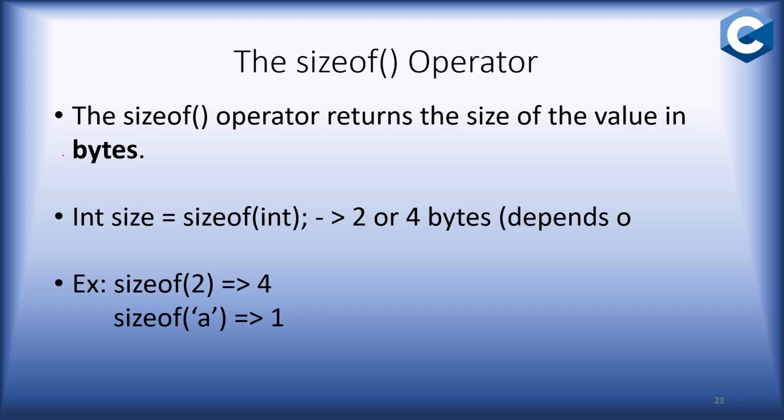When we run this code, size will store the number of bytes an integer variable typically occupies on our system. This value might be 2 or 4 bytes depending on the architecture. Remember, sizeof gives us the size in bytes, not the actual value stored in the variable.